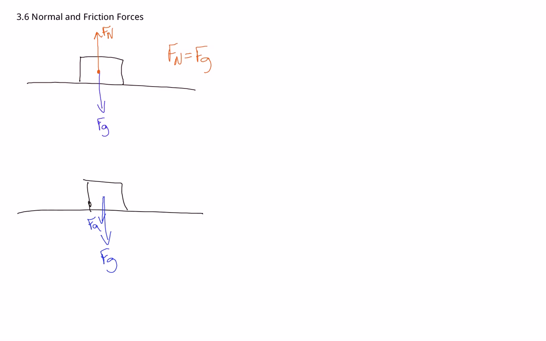If we have the force of gravity and then we push down on it, that's just like having more weight on the box, like extra weight. So in this case, we're in equilibrium after we're pushing down. Our normal force would be the same as the gravity plus the applied force.